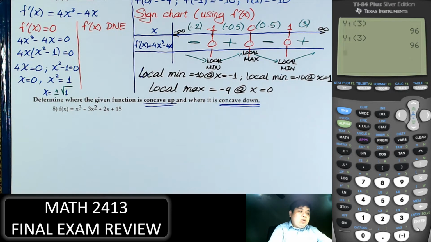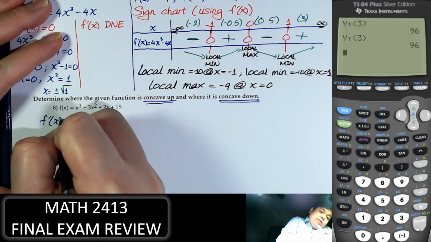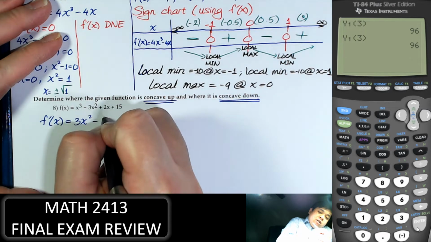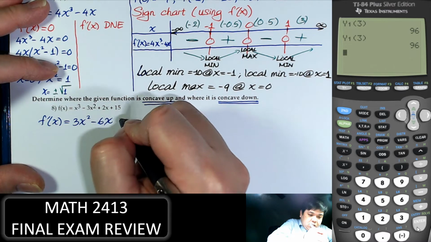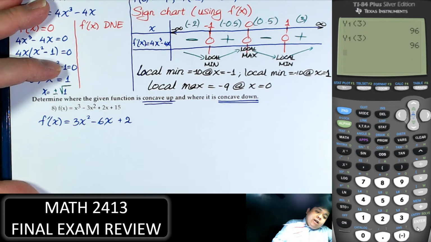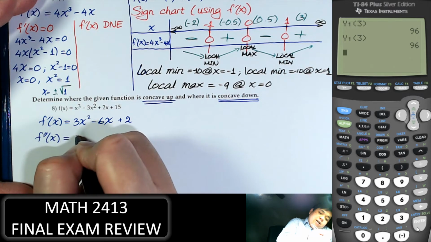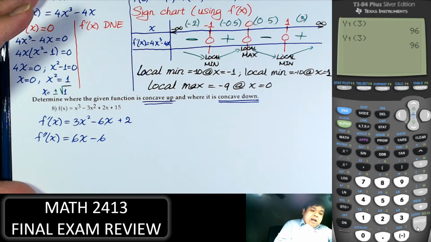Right, so second derivative. Take the derivative, it gives us 3x squared minus 6x plus 2. And then take the second derivative, 6x minus 6. That's it.